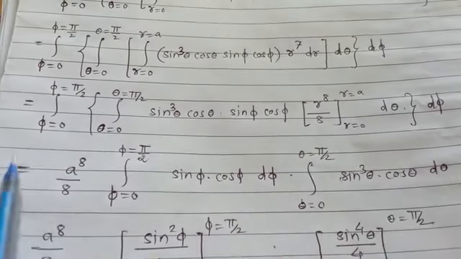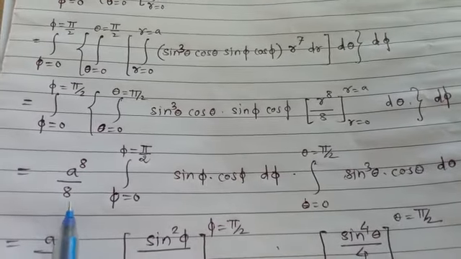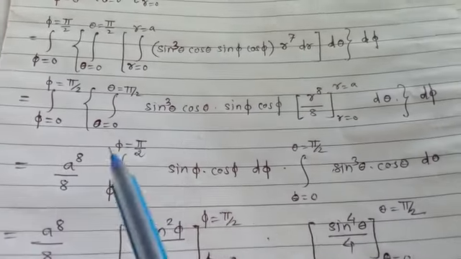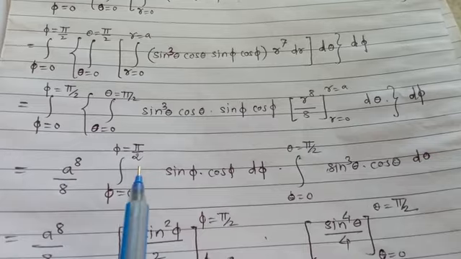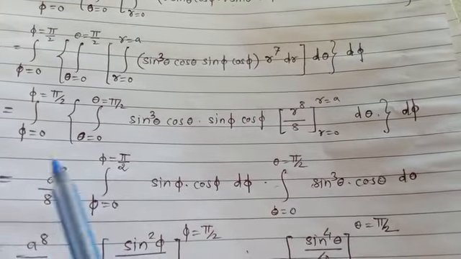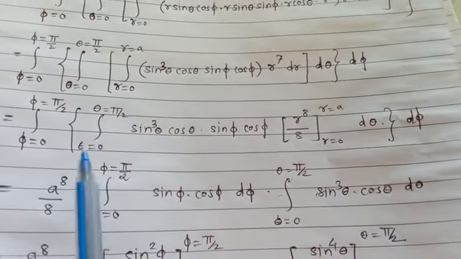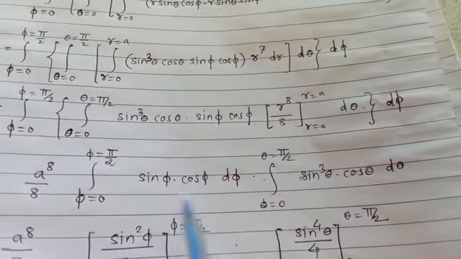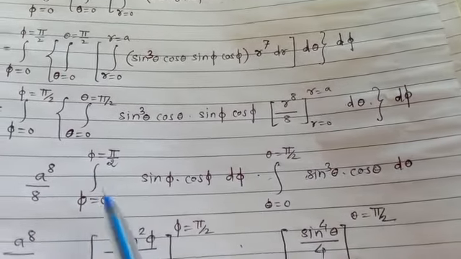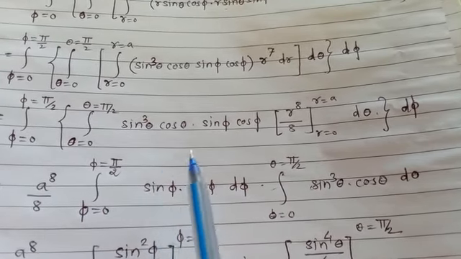So I am taking a raised to 8 upon 8 outside the integration, because it is constant for the theta and phi integrations. Now the limits of integration are constant for both, which is why we can separate the integrations.